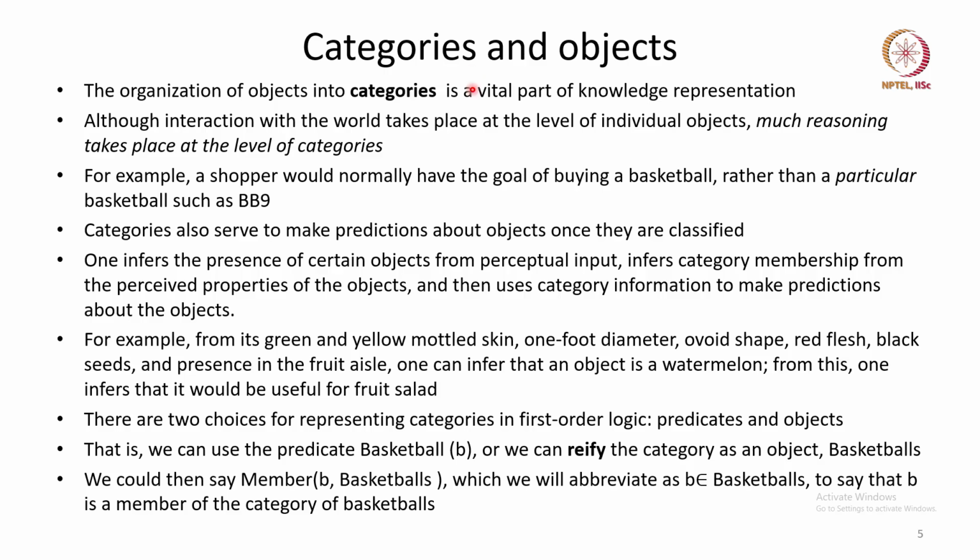And so once you know that it belongs to a certain category, you know certain characteristics of that category. For example, if it is a tomato, you know that it will be round, it will be red, it will be edible, etc.